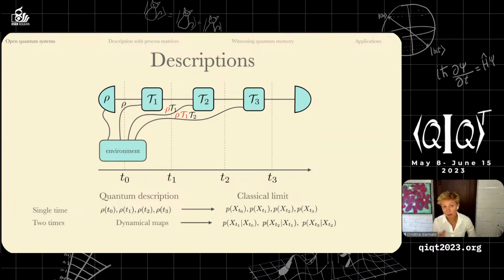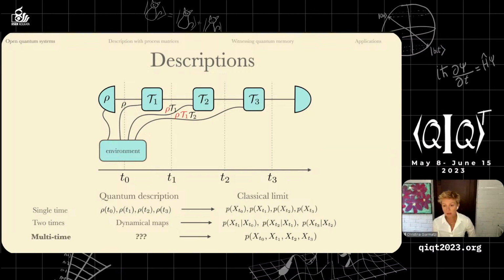If you want to talk about two times, how these two times are related to each other, how the state evolves from one time to the other, then you have dynamical maps. That's a quantum description. In the classical limit, this is a probability distribution conditional on the probability at the time before.